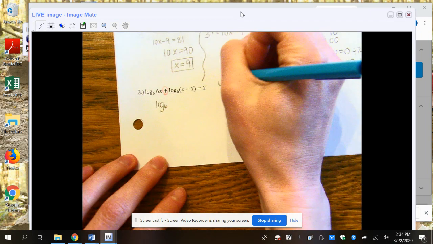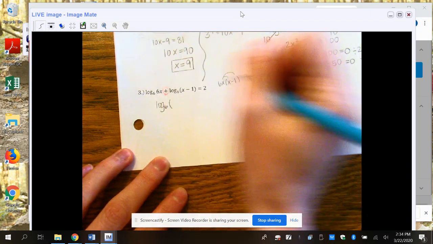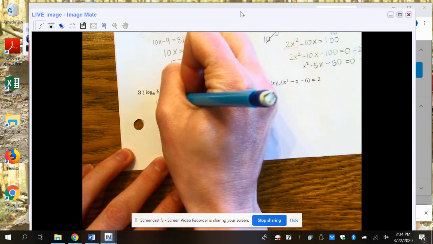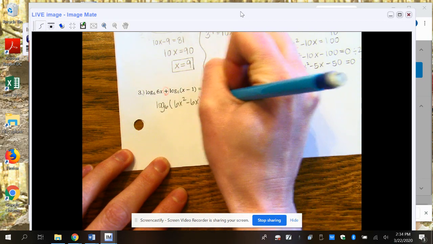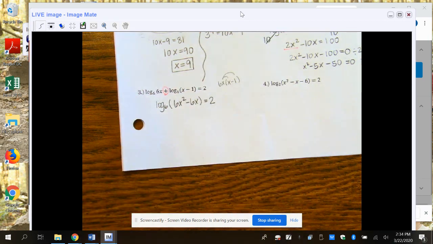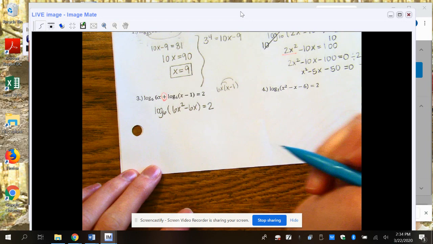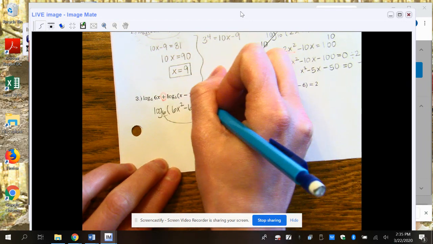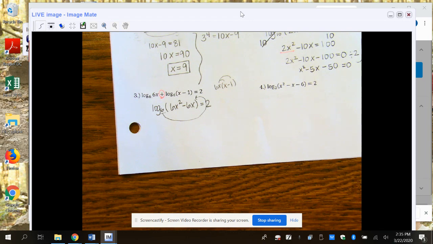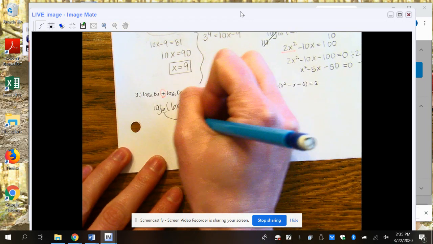And then when I multiply the contents of the log, that would be 6x squared minus 6x equals 2. So now I'm going to do this one the other way. Instead of writing this equation as a logarithm, I'm going to write it in exponential form. So always start with the base, work your way around.